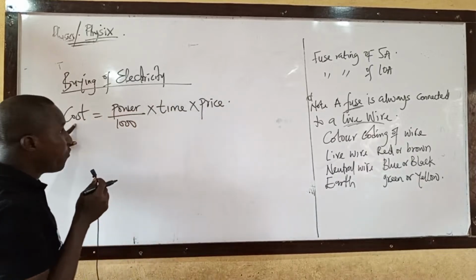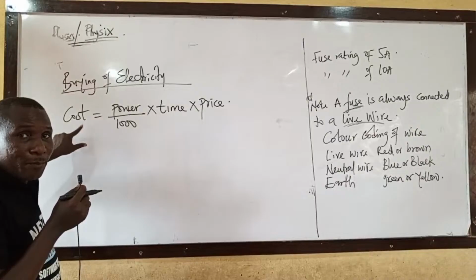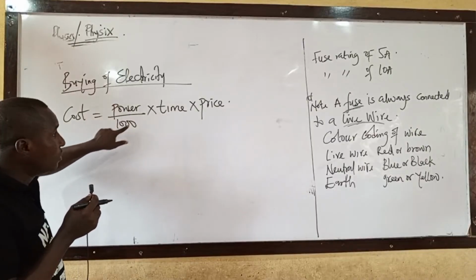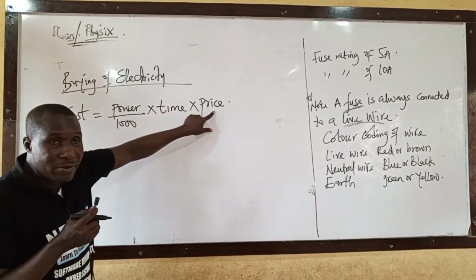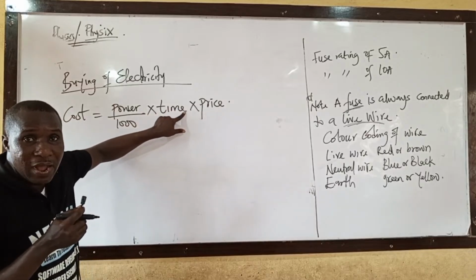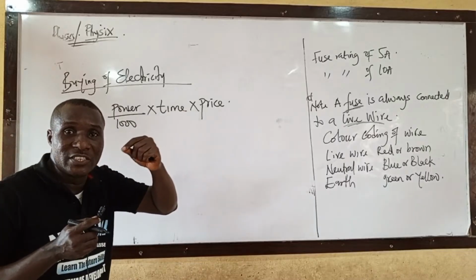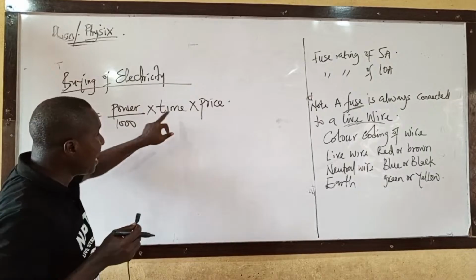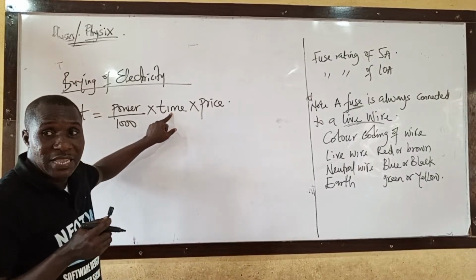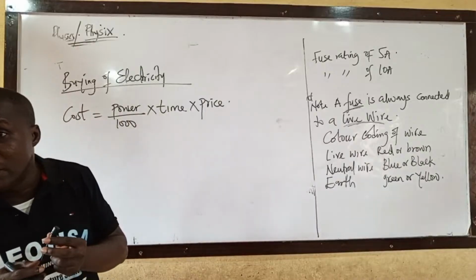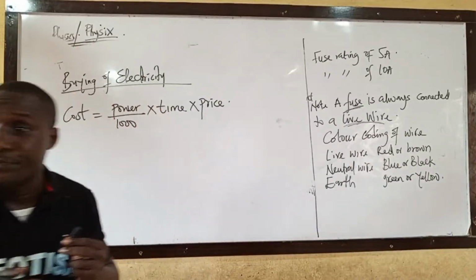The cost of running your appliances equals power over 1,000 times time times price. The time must be in hour, because the commercial unit of electrical energy is kilowatt hour. Take note of that.